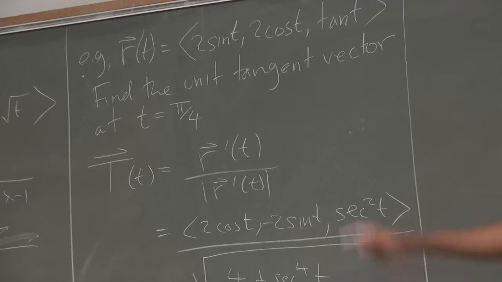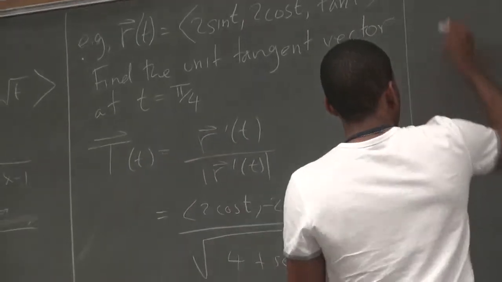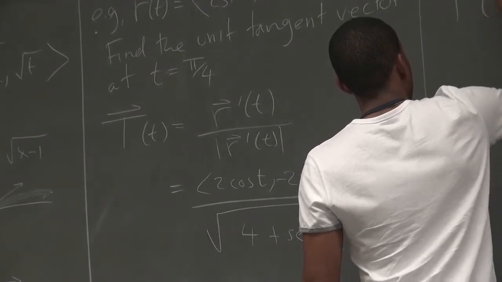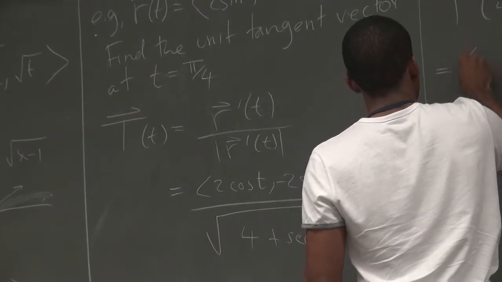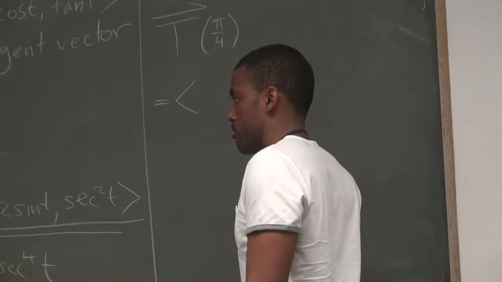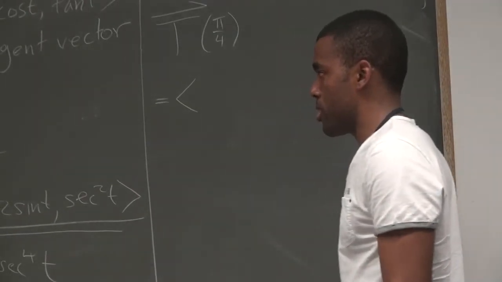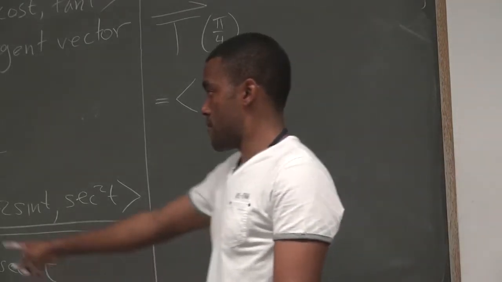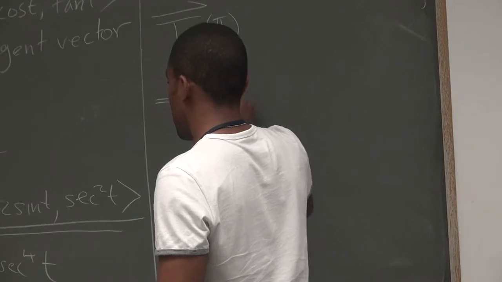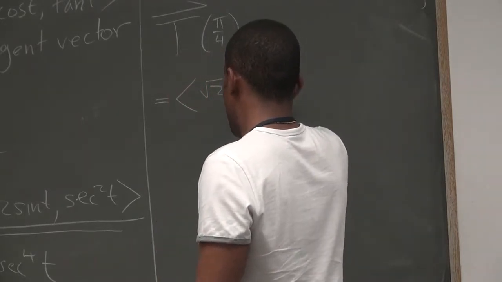Now we want the unit tangent vector at this point. So T at pi over 4 is equal to... where do we find that? Cosine of pi over 4 is root 2 over 2. So it's just 2 minus radical 2.